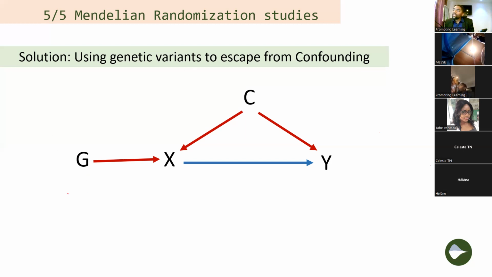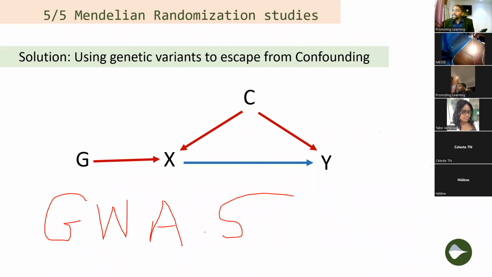But now, with what they call GWASs, that's genome-wide association studies, there are many GWASs out there, given that technology has now allowed us to sequence genes at a cheaper cost.